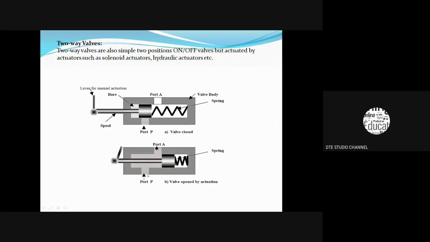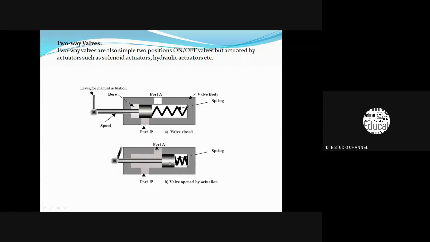Since the pump is connected to port P and A is connected to the actuator, fluid can flow easily from P to A, and some useful work is done by the actuator in this position. So the opening of both the ports is done by the second position, and the closing of the pump pressure port is done by the first position.